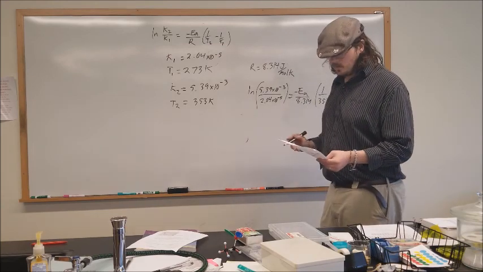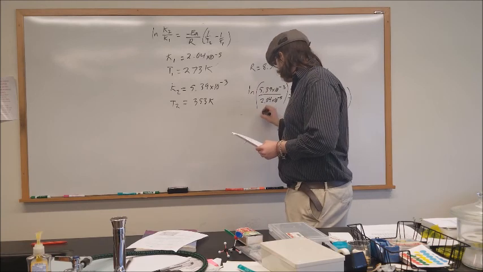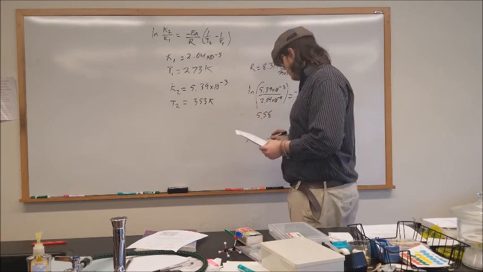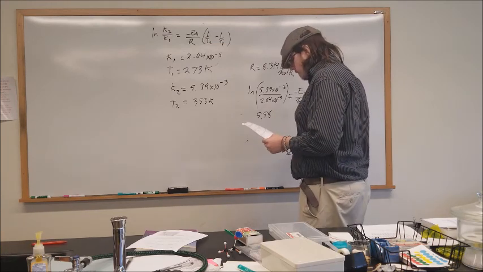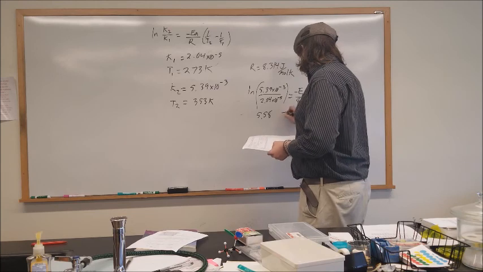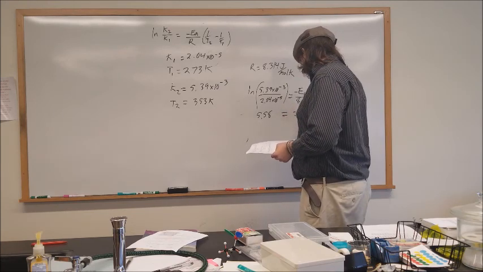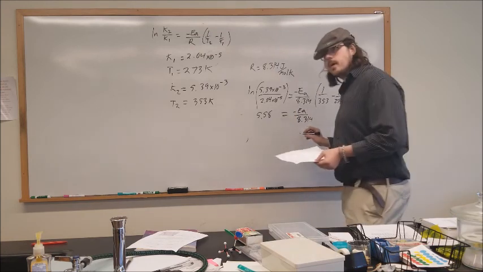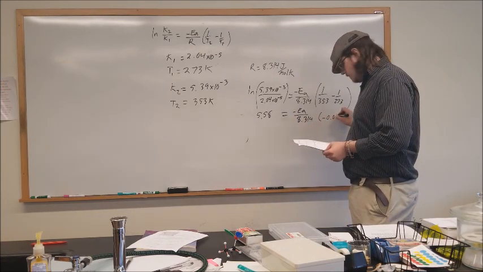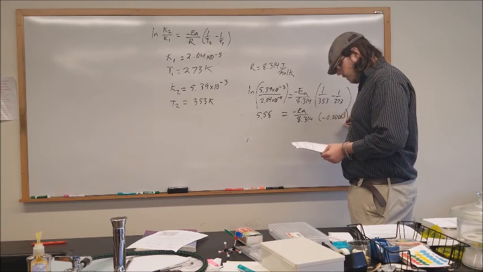So I'm going to evaluate what I know. I can figure out the ln of the k ratio, 5.58. And if I do this math, that equals negative Ea over 8.314. I do this math, that is negative 0.00083.